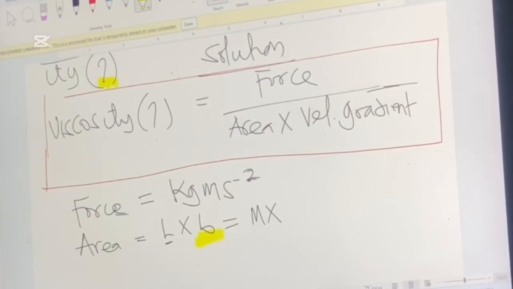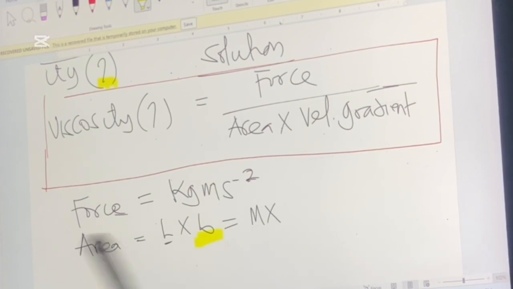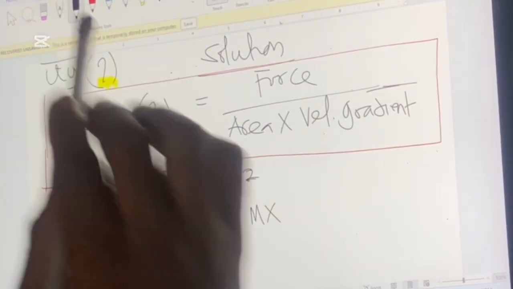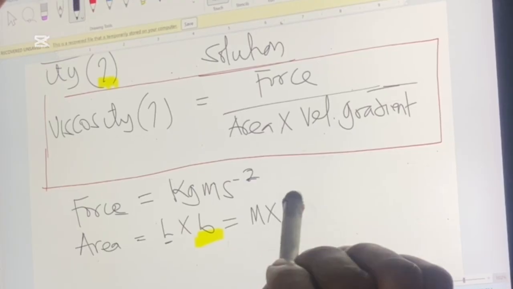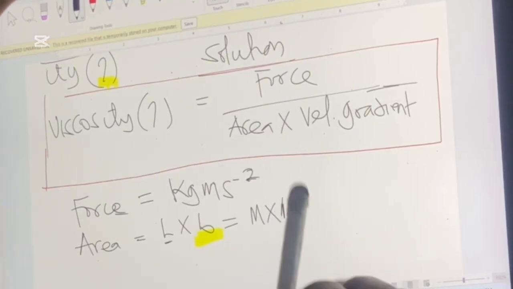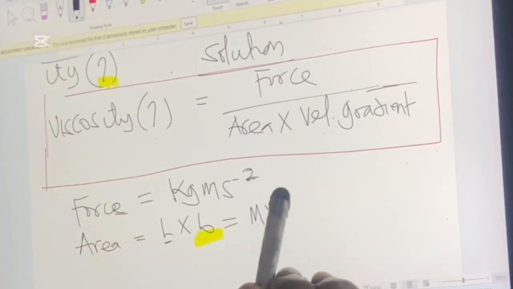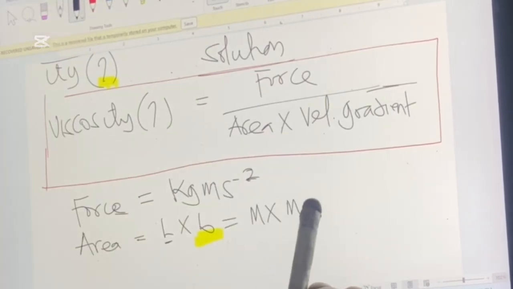Now for those confused, all you have to do is to watch the part 1 of this video before you can understand this particular solving. So the next is to express breadth as meter. Writing that we have meter.